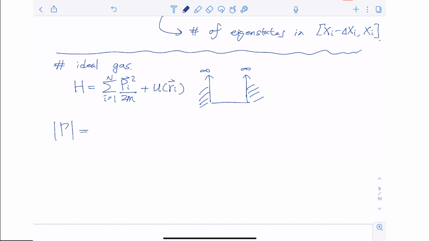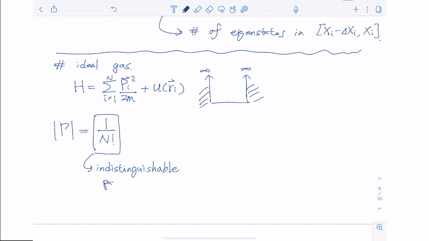And here is one suspicious term, 1 over N factorial. It is related to the indistinguishability of the particles.